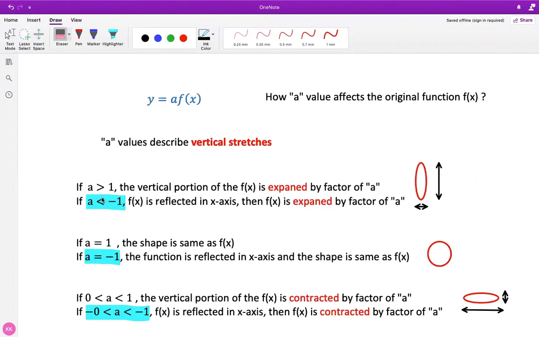When a is less than negative 1, the vertical component is expanded and the function is also reflected in the x-axis. There are two pieces of information here, so be careful. And when a is between negative 1 and 0, the function is also reflected in the x-axis, and the function is constricted by factor a.